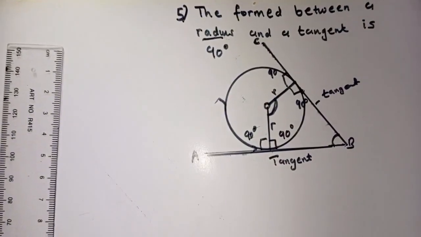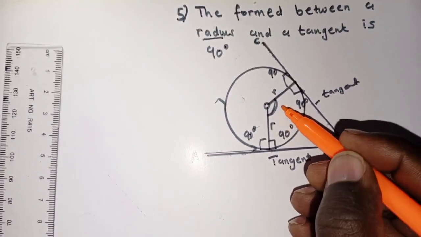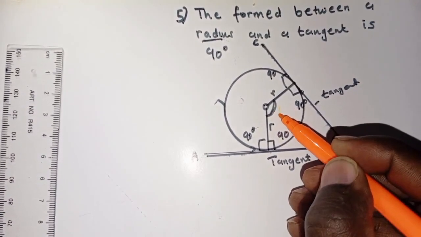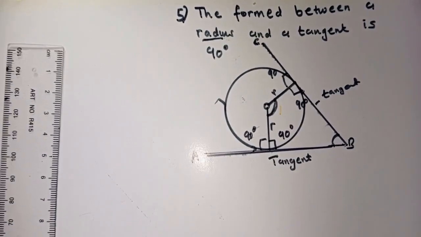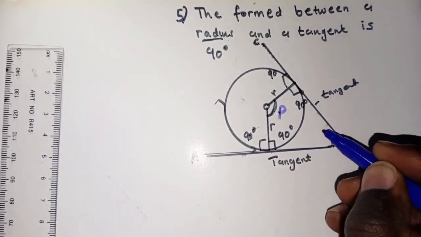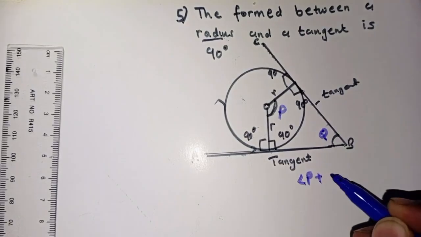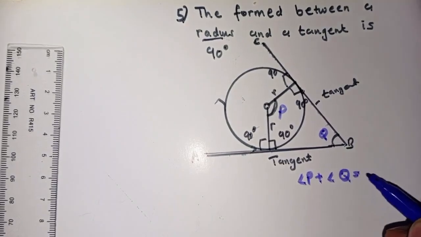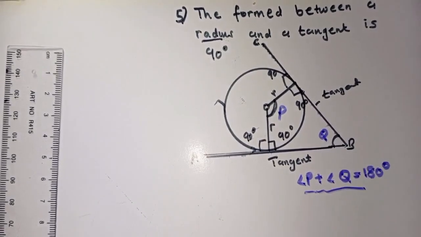This is because when you add the angle here, let's call it P, and the angle here called Q, angle P plus angle Q should give us 108. That's the property here.